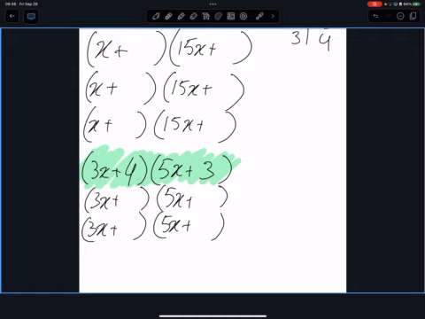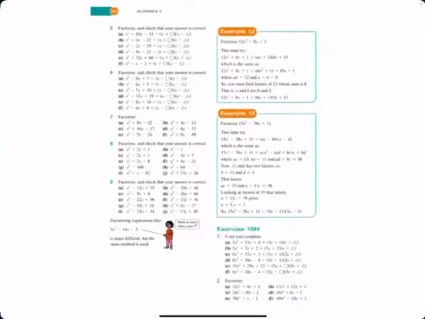So you have to be adept at multiplying. Before we get to minus, we have to do something first.